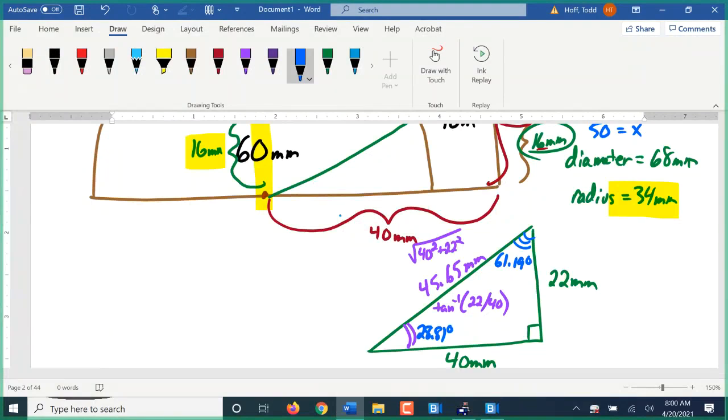Now I can find the area of that triangle. It's simply 1/2 of 22 times 40, right? Or 40 times 22 divided by 2. It was 440 millimeters squared for area.